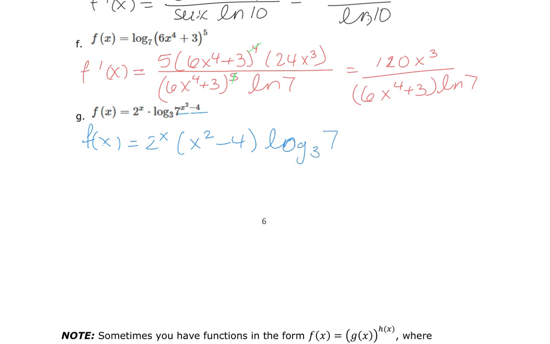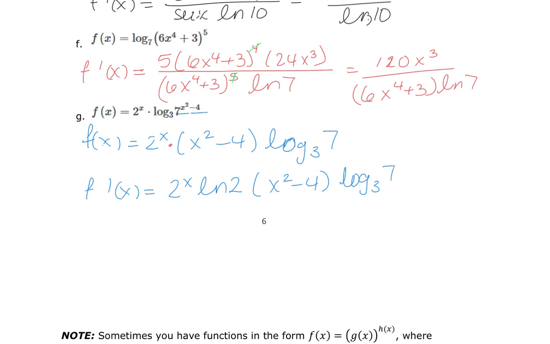And that allows me to treat the log base 3 of 7 as just a constant. And so there's a multiplication going on with just that. So f prime of x, the derivative of 2 to the x is 2 to the x, the natural log of 2.